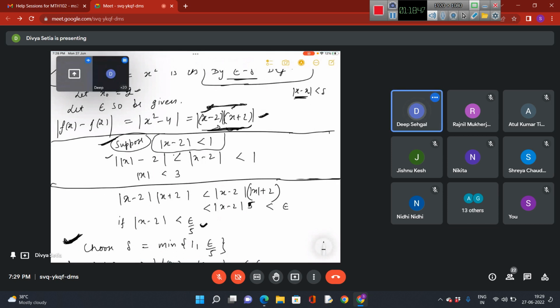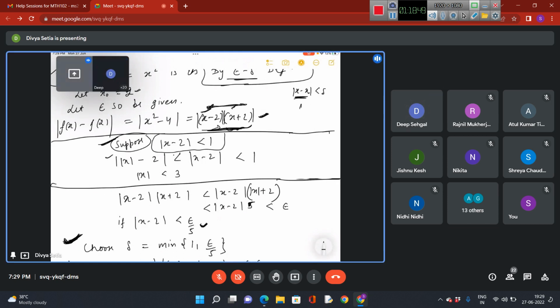The definition says |f of x minus f of x naught| is less than epsilon whenever |x minus x naught| is less than delta. So why will you always want this thing to construct your delta? So why will you remove this part? You'll always remove this part, whatever is the extra part.